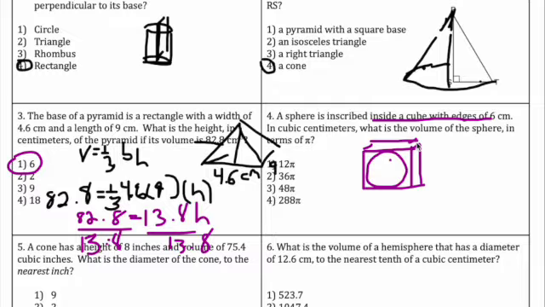And the edge is 6 centimeters, so we know that the diameter, excuse my drawing, but the diameter is 6 centimeters, okay? So our formula for the volume of a sphere is 4 over 3 pi r cubed, okay?